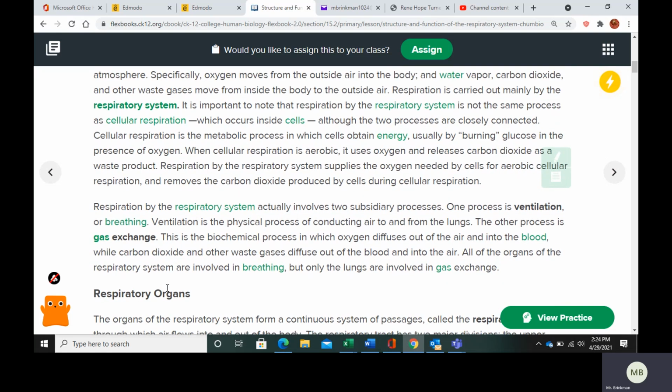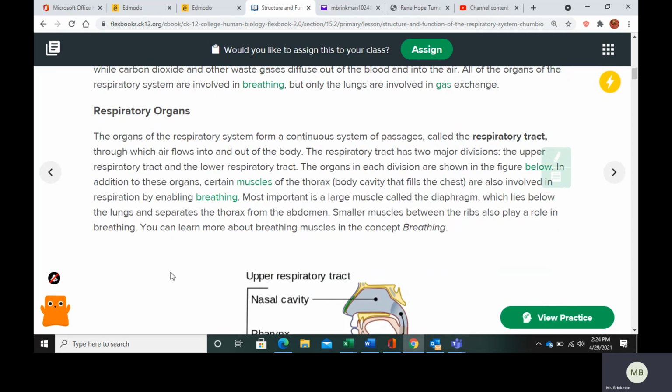All right, so the organs of the respiratory system. The organs of the respiratory system form a continuous system of passages that we call the respiratory tract. This is how air flows into and out of the body. This is the path it takes.